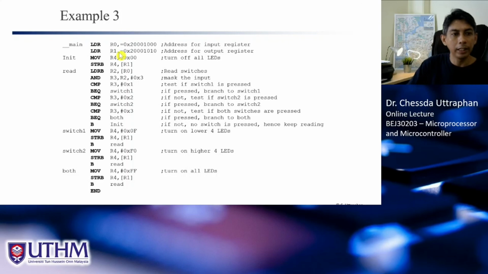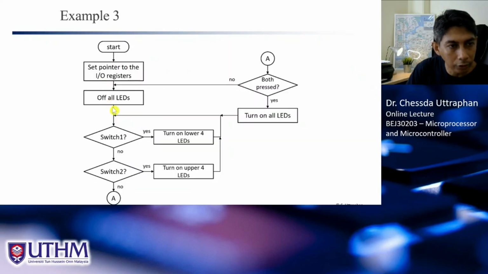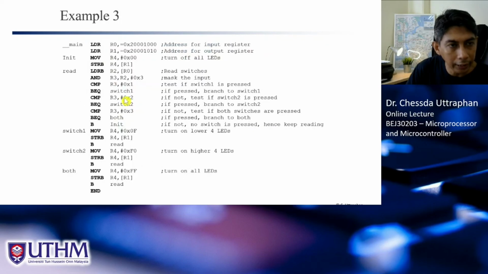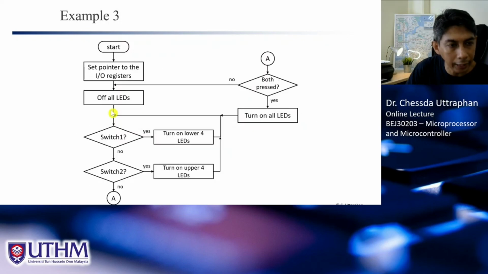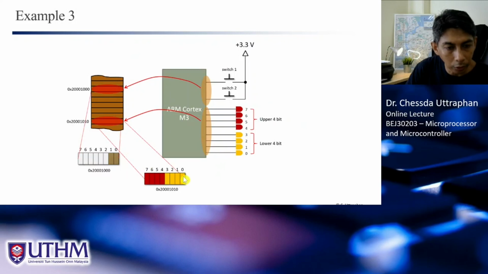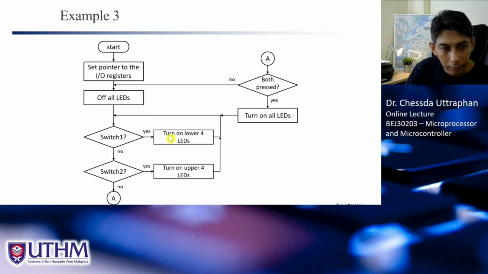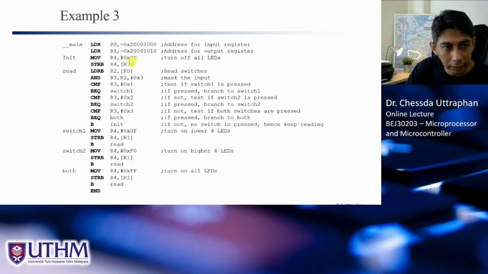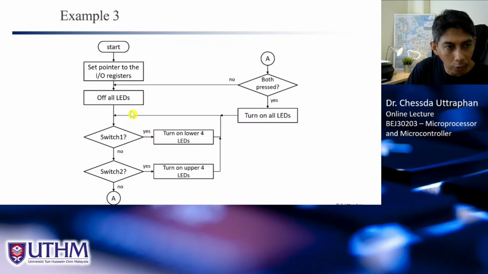Now we want to read the switch. But before that, we need to turn off all the LEDs. How to turn off all the LEDs? The idea is that we put all 0 here. Make sure that all these bits are 0. So the program is to send 0 to this location.